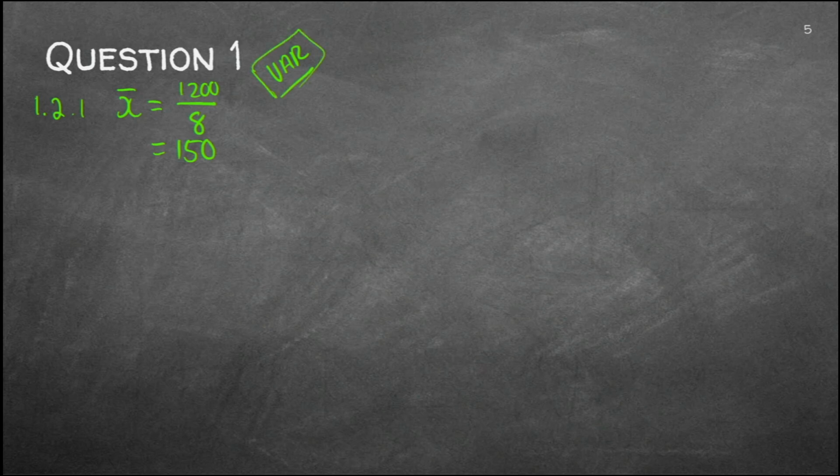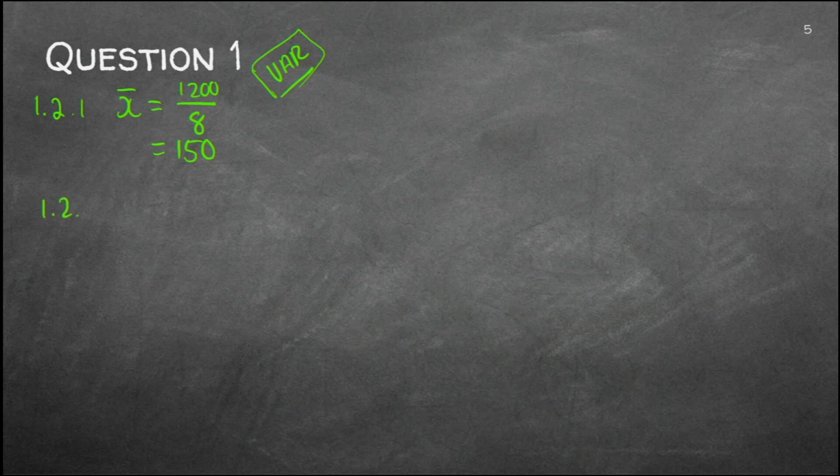Once again, you can use the normal method that we are used to, and simply say the mean would be the sum of all those points, that would be 1,200 over 8, and you would get 150. Alternatively, you can use the calculator, but this time you will opt for the VAR, the variance set of data. Once again, if you're struggling, go back to the lessons where we do this in detail. Now I've got the mean.